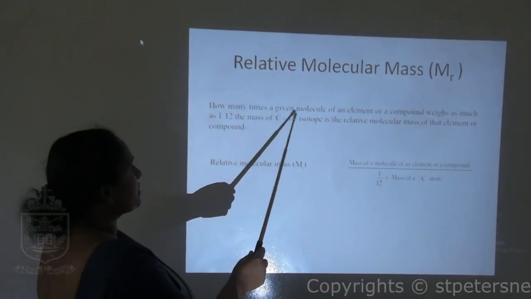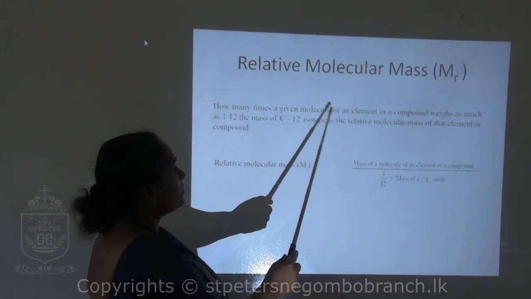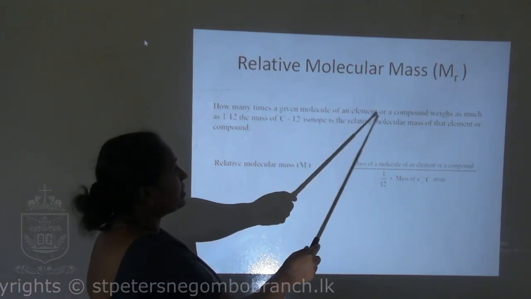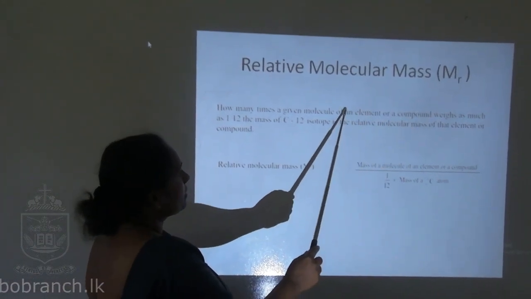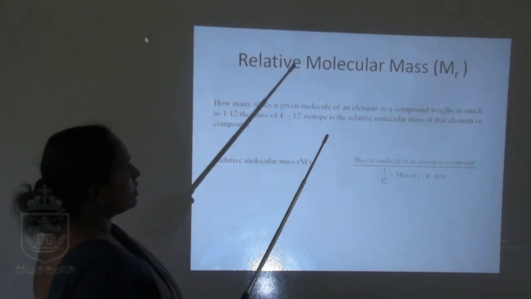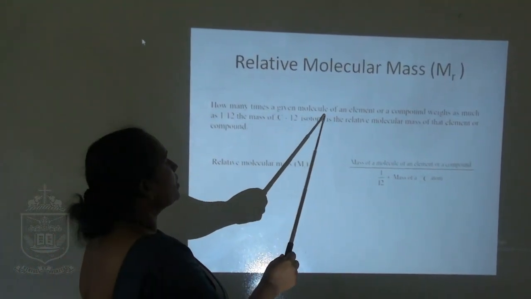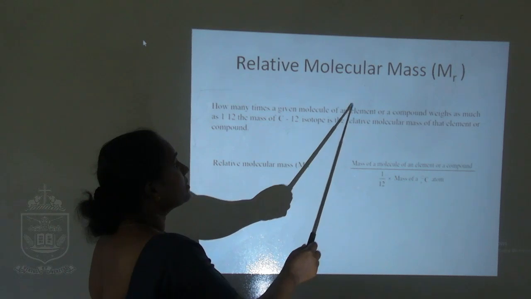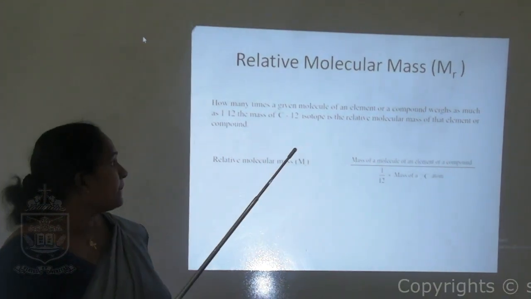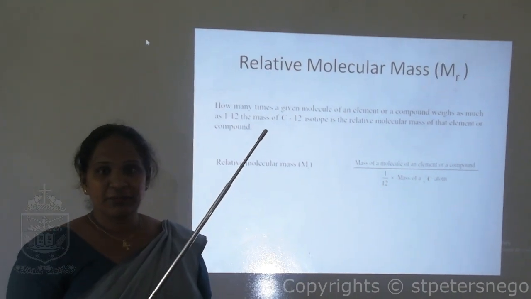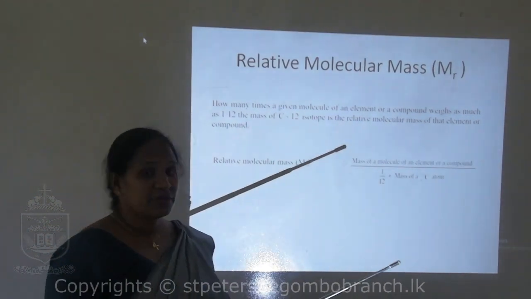Now we are going to find the relative molecular mass of a molecule of an element or compound. Now there is a problem here with it. Are there molecules in elements?